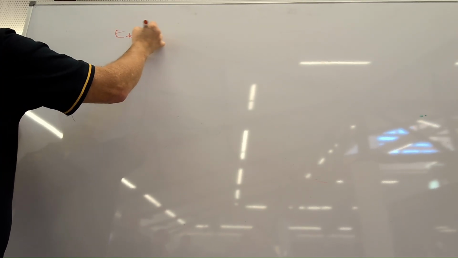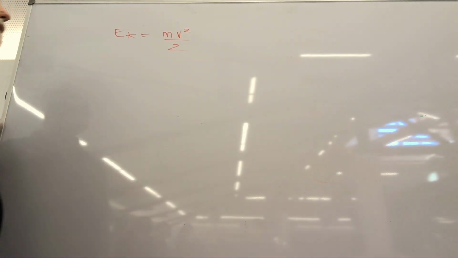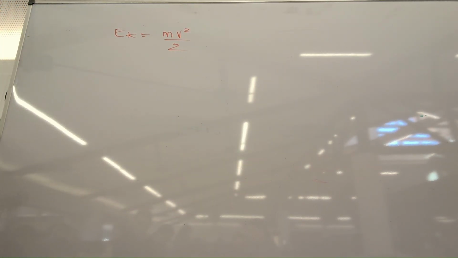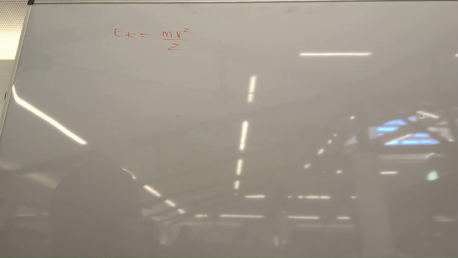So I've got EK equals mv squared on 2. To transpose means that you isolate one of the variables. At the moment, kinetic energy is isolated, and the equation is mv squared divided by 2. There is a proper way to do it, but we're going to do the sneaky shortcut.